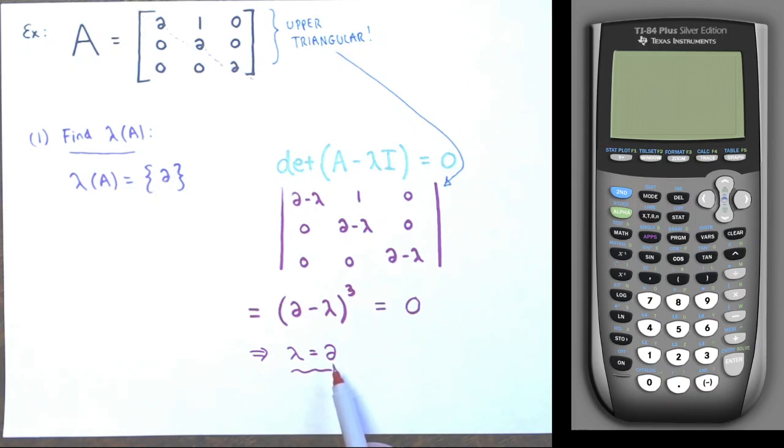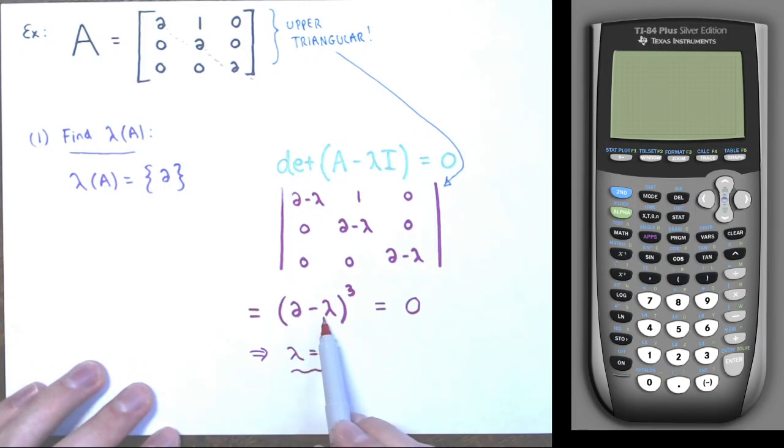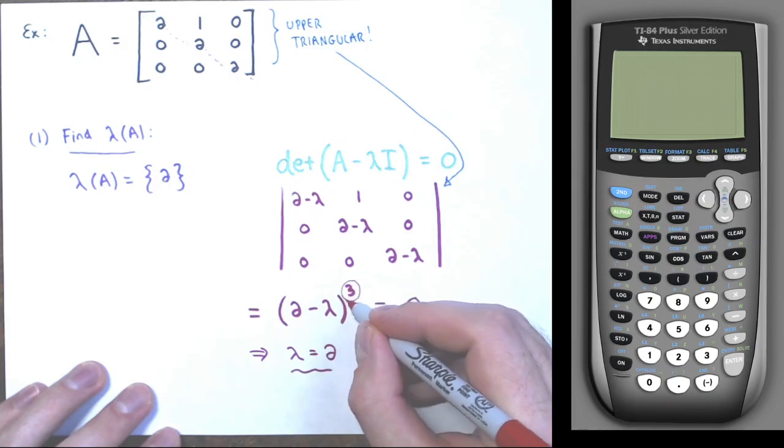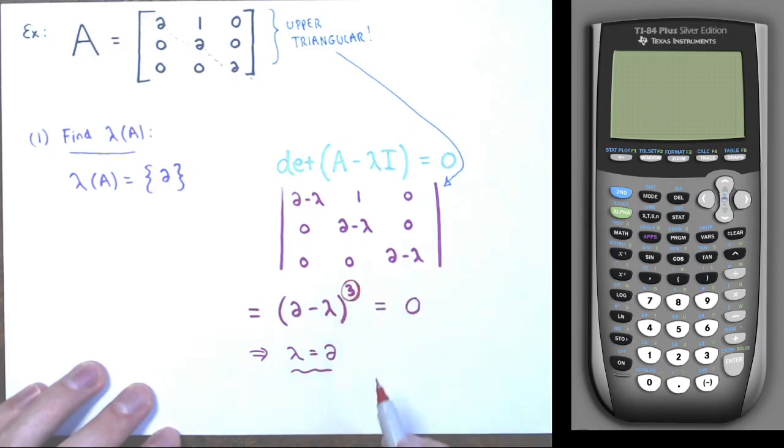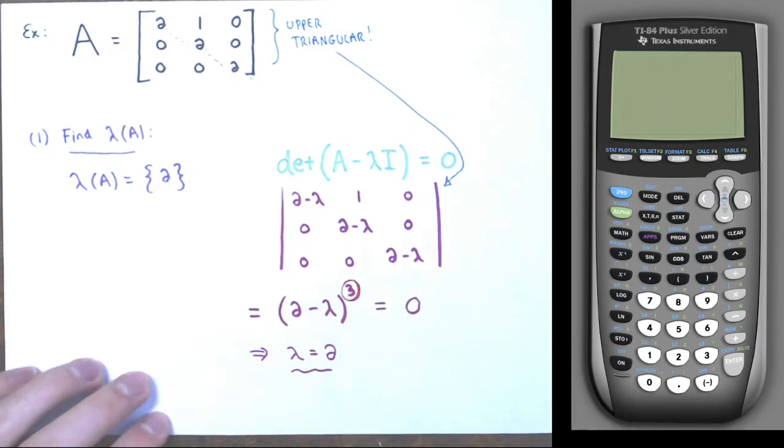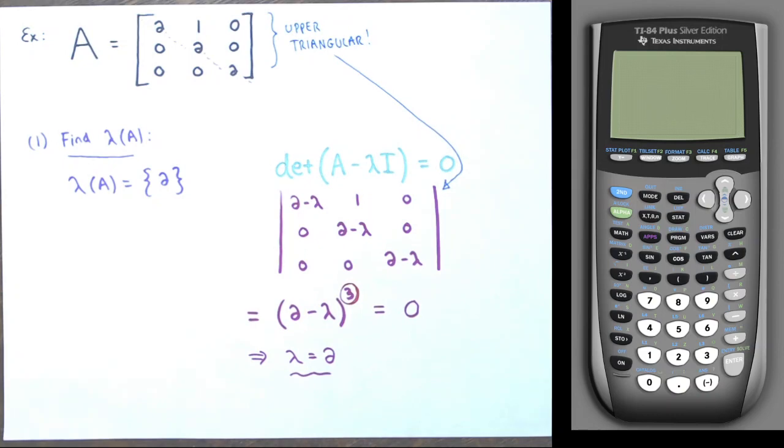How many factors of the characteristic polynomial does this 2 make equal 0 when I replace lambda with it? Well, you see 2 minus lambda here, it makes this factor 0, and notice that this power of 3 means that there are 3 of those factors. There's 2 minus lambda, 2 minus lambda, and 2 minus lambda again. So this is a repeated solution, 3 times.